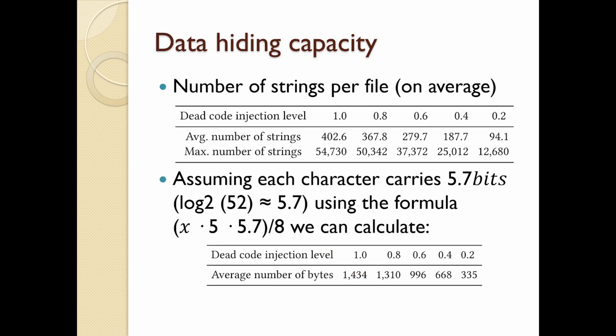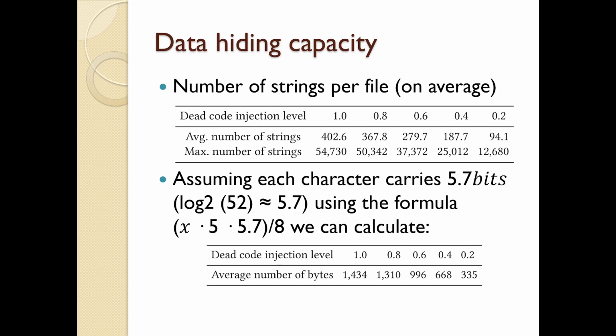As a summary or aggregation, here we can see the average number of strings available in files. We can also observe that for the default value, it's almost 190 strings available on average in a file.